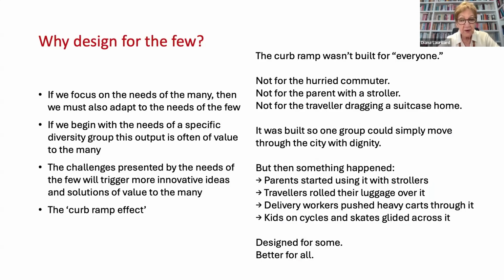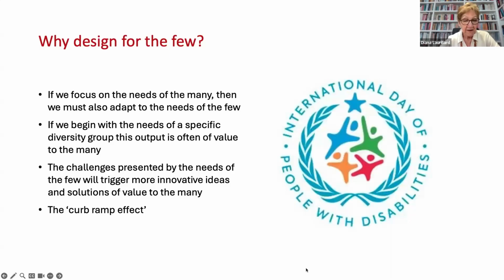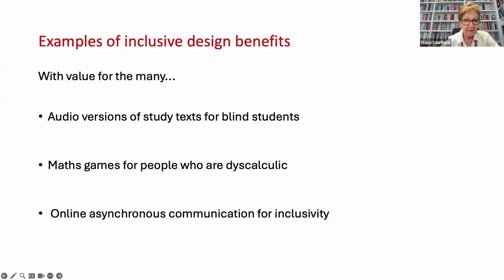It was built so one group could simply move through the city with dignity. But then something happened. Parents started using it, travelers rode their luggage, delivery workers used it, kids on cycles and skates glided across it. It was designed for some, but it was better for all. And that notion of the curb ramp effect is what's behind a lot of this kind of analysis.